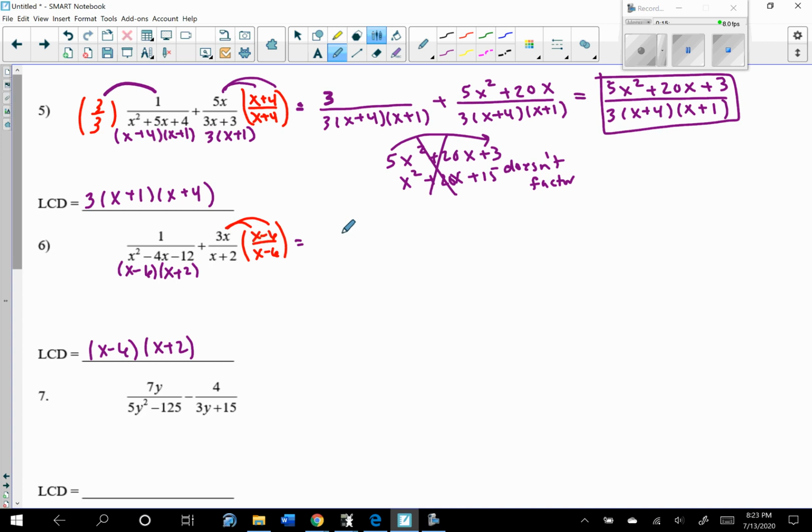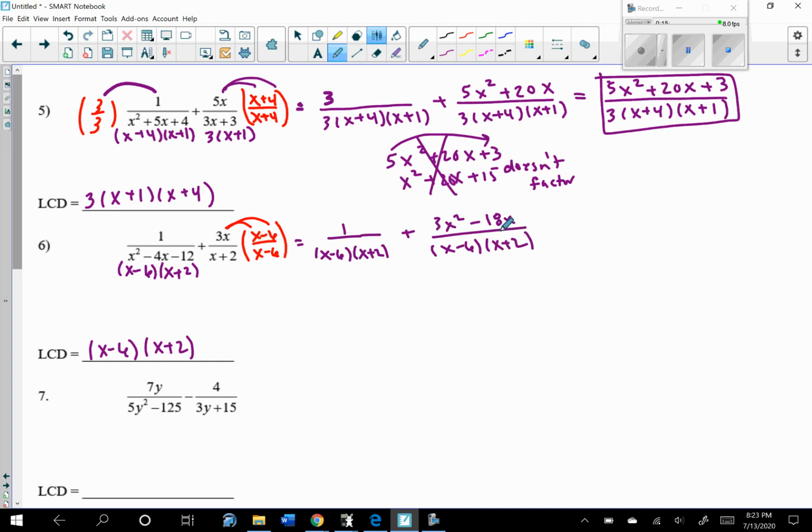So this gives us 1 over x minus 6 times x plus 2, and then plus 3x squared minus 18x over x minus 6 times x plus 2.